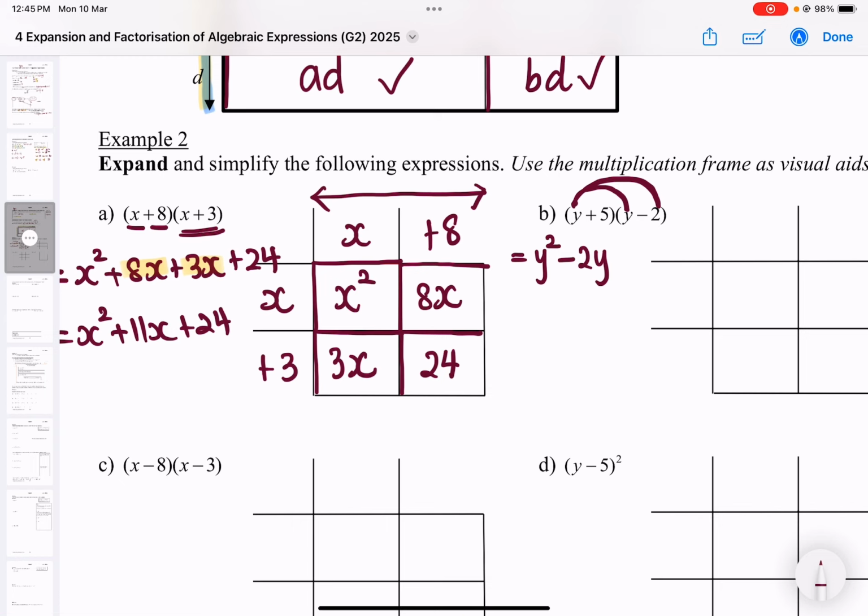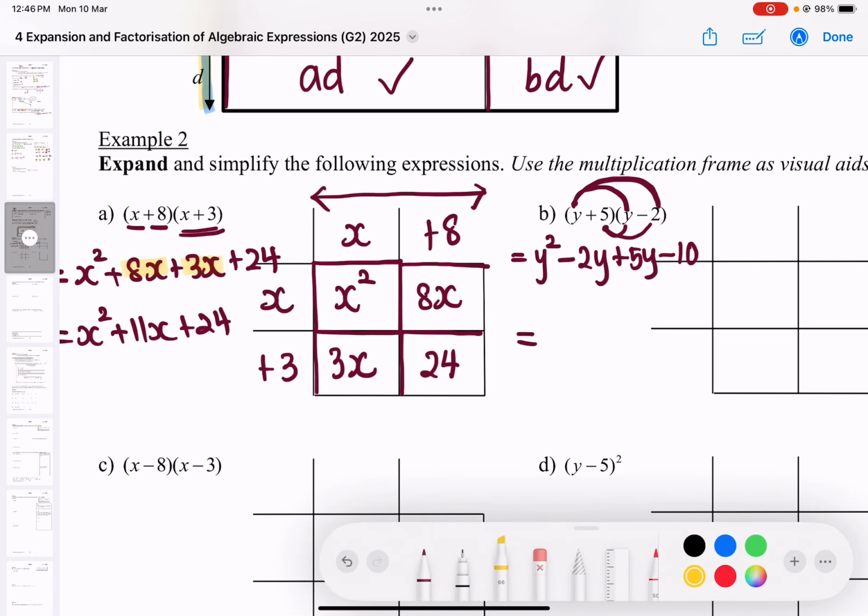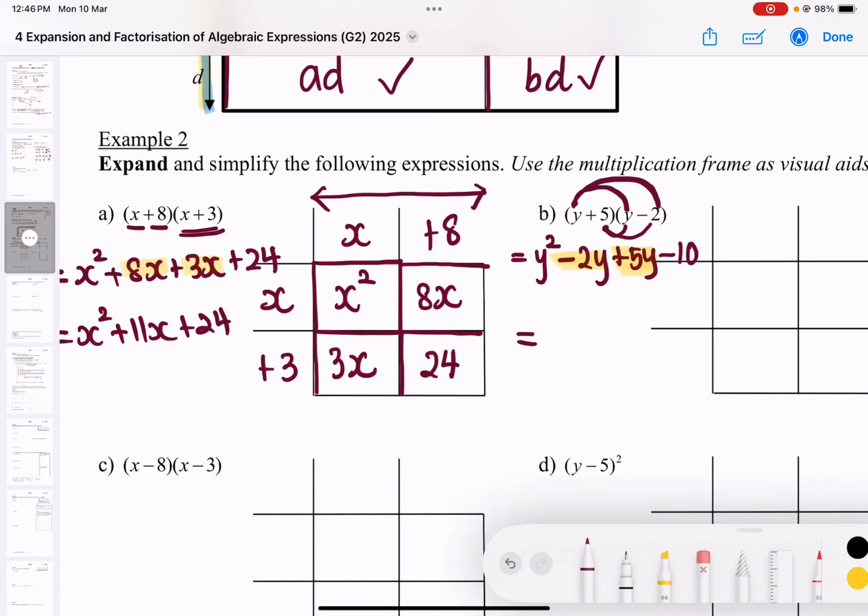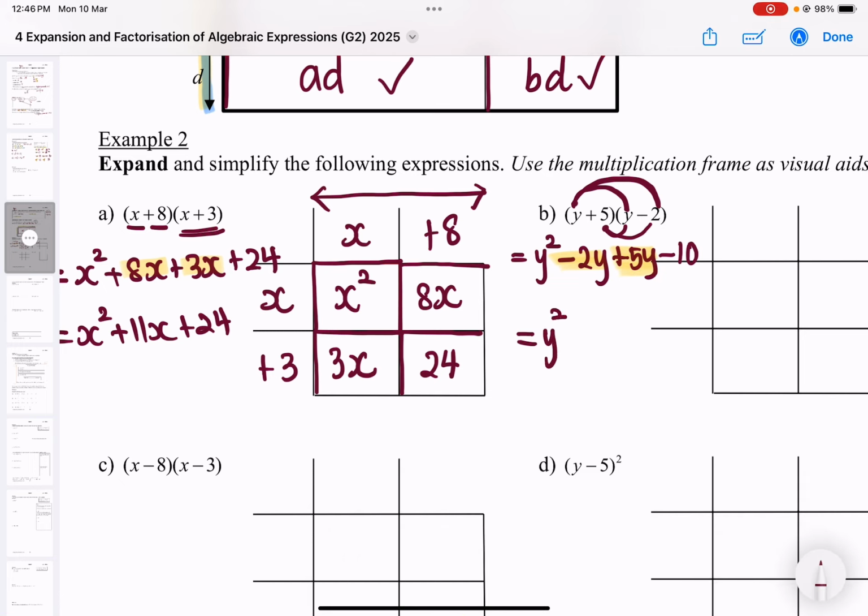Then 5 times y, so positive 5y. Positive 5 times negative 2 gives you a negative 10. Then we can add the like terms together. In this case, negative 2y and positive 5y. So y squared. Negative 2 plus 5 is positive 3. So this gives us y squared plus 3y minus 10.